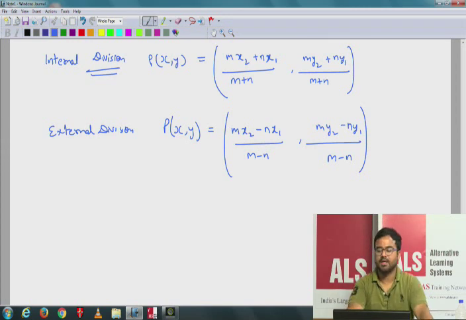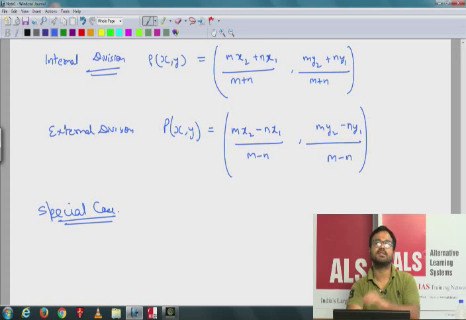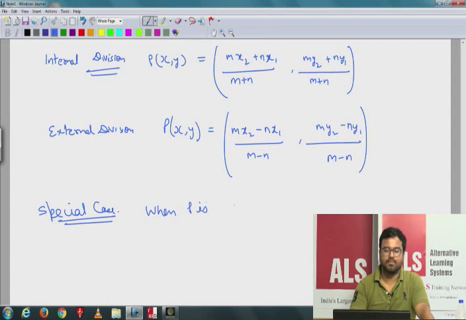Now there is a special case. It says what happens if point P is lying between A and B, exactly at the center.